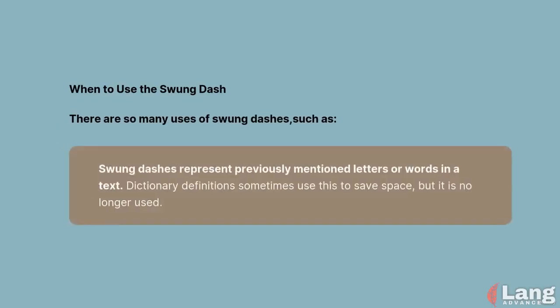When to use the swung dash? There are many uses of swung dashes, such as representing previously mentioned letters or words in a text. Dictionary definitions sometimes use this to save space, but it is no longer used.